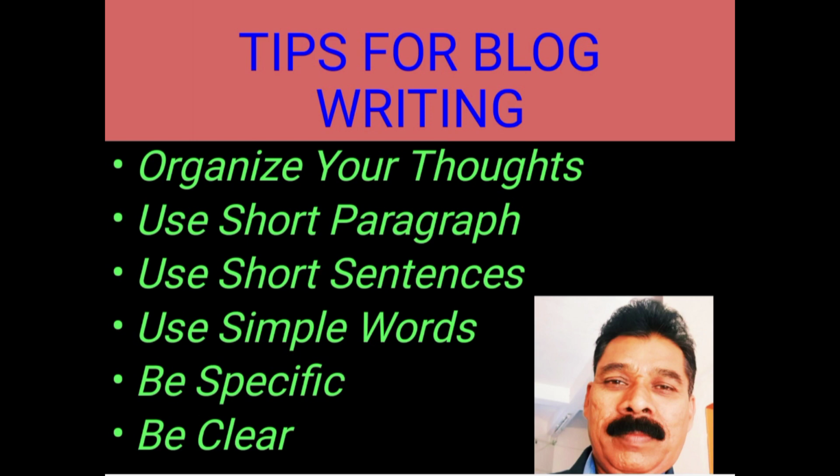I have used short paragraphs. In the paragraphs, all the sentences are short. In the sentences, all the words are simple. While writing about that, I have remained specific and clear.